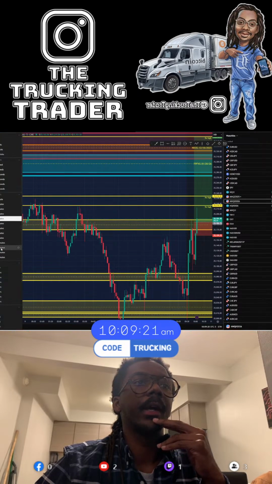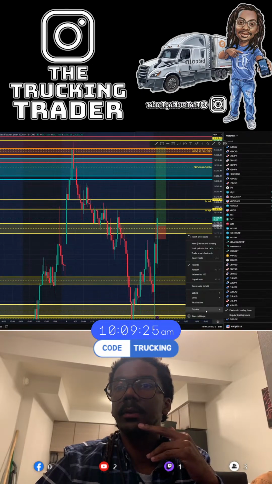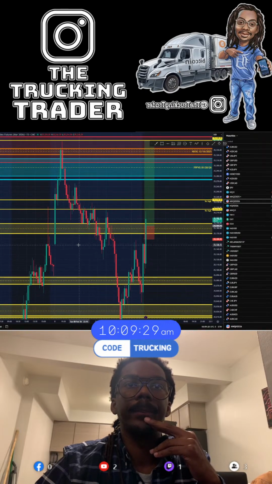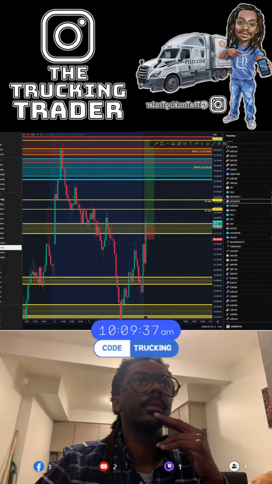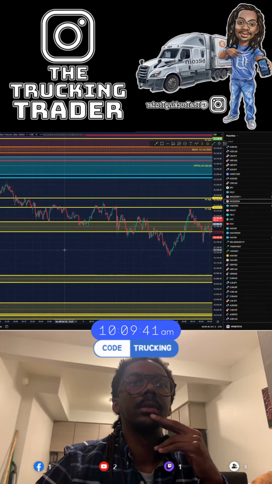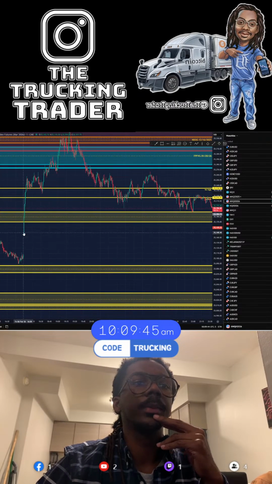Try to see if we could find an inversion or something like that to trade off of. Not really seeing it. But let me see, I need to put the new week opening gap on my chart.